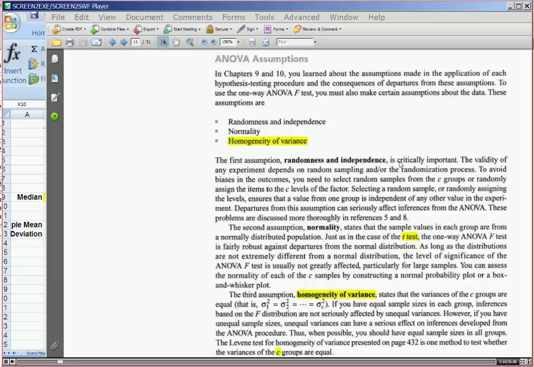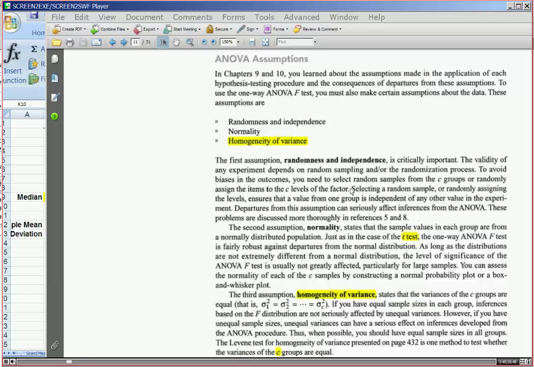We want to make sure our measurements are independent so they don't influence the data unduly, and randomness meaning giving each data point an equal chance of being part of the measurement. To avoid biases in the outcomes, you need to select random samples from the C groups or randomly assign the items to the C levels of the factor.